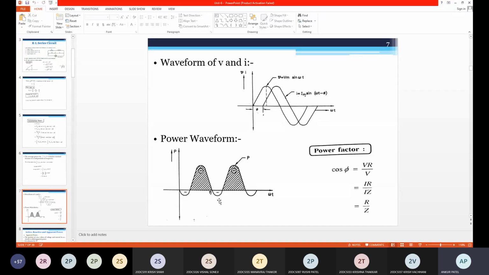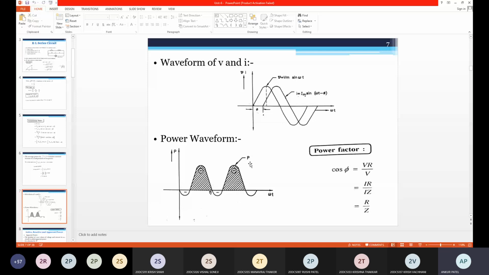This negative portion is called the reactive power, the useless power. If I draw one dotted line at the middle, it is the average power, P equal to VI cos phi.